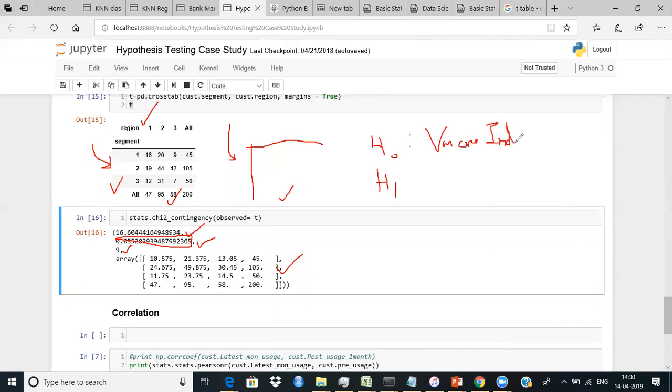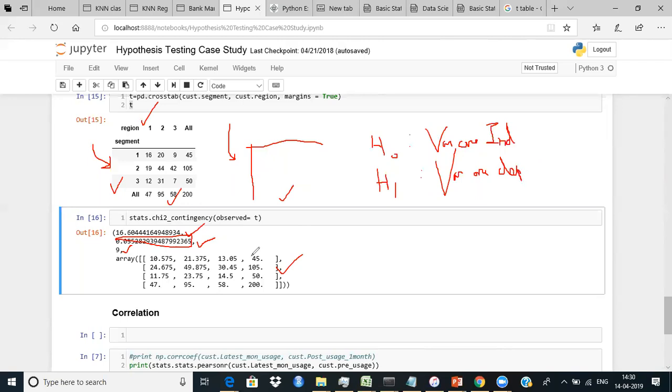The alternate is that the variables are dependent. Now, basis this, what is your conclusion? Are segment and region dependent or independent?